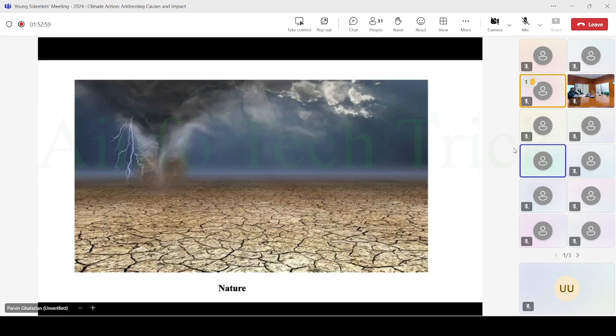Climate change is a major driver of extreme weather events, and its impact are already being felt around the world. Addressing climate change through mitigation and adaptation efforts is crucial to reducing the risk and building resilience to these increasingly frequent and severe events.